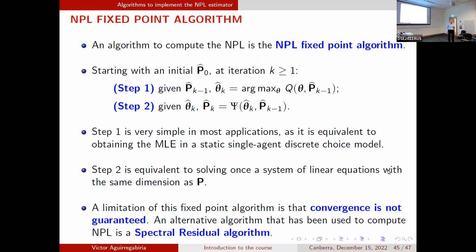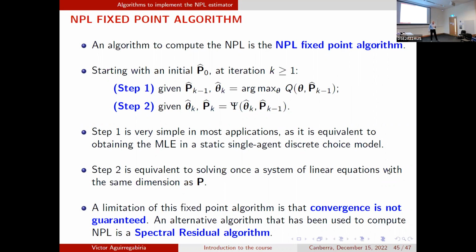What if instead of looking at the NPL estimator in this way, we define the function G of P as P minus F of P, and what we are looking for is a value of P that makes G of P equal to 0? A solution to a system of nonlinear equations.